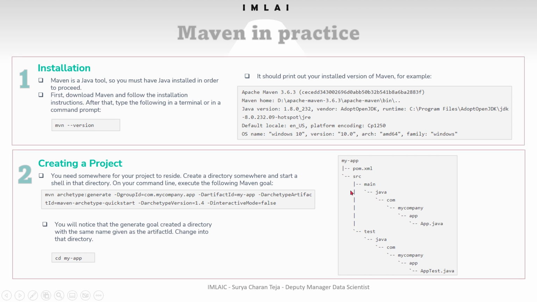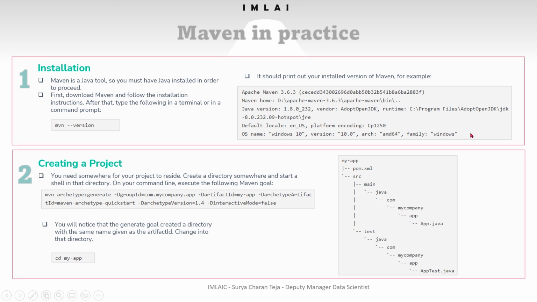On the high level we will have pom.xml, and in nested levels you can find this src. So src and pom.xml would be on the same level, whereas other files will be a little bit down a level. They're all nested into the source directory.